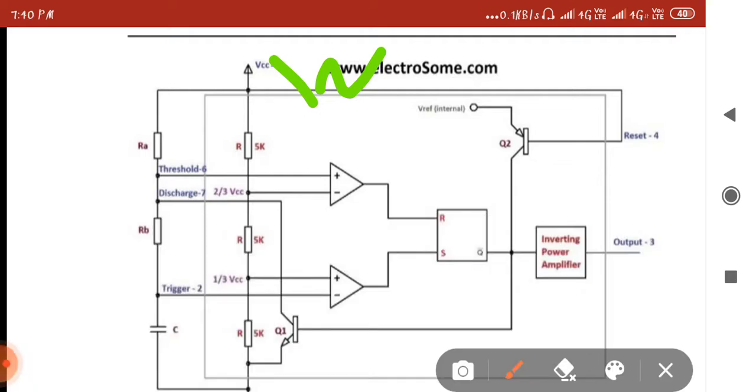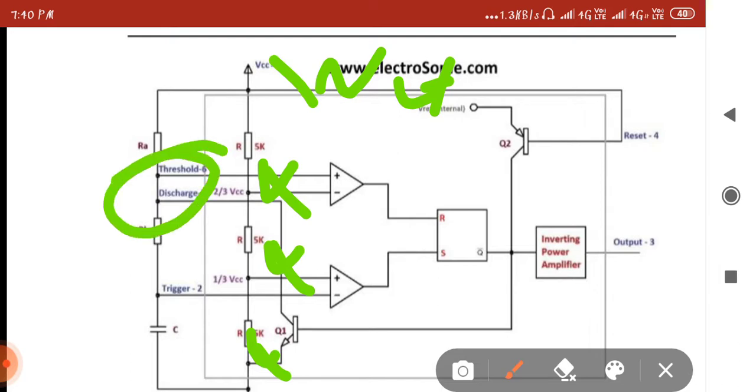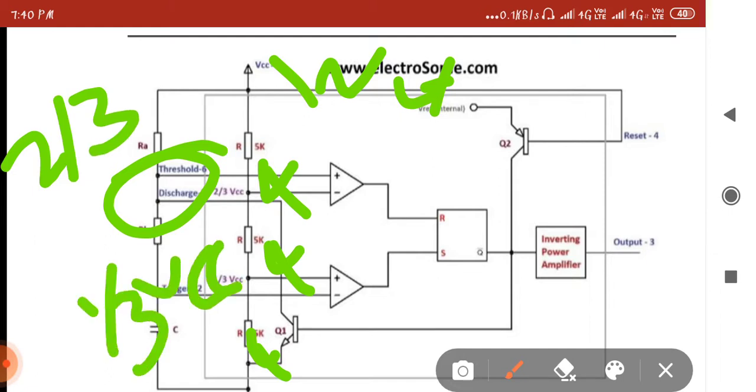For example, 12 volts becomes 4 volts, 4 volts and 4 volts. It divides the voltage, that's why we call it a voltage divider network. The output is given to the pin configurations. It is 2 by 3 of VCC and this is 1 by 3 of VCC. The upper comparator is at 2 by 3 of VCC, and the lower comparator is at 1 by 3 of VCC.